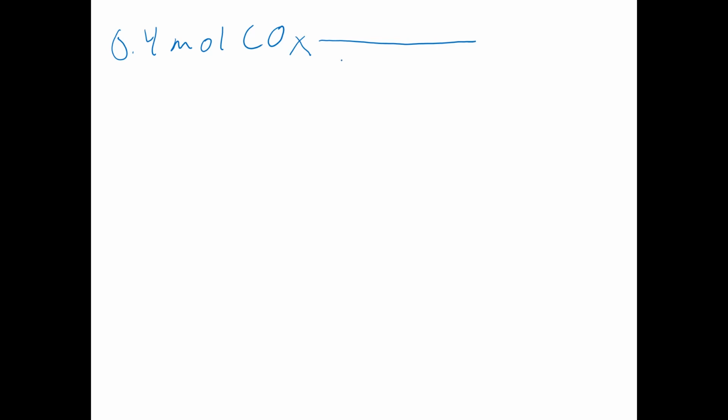So, since we have moles to start with, moles needs to go on the bottom of the next step. And we put the 28.01 grams on the top. Now, when you're doing these, don't just write moles or grams. Write the substance with moles or with grams. So this is moles of carbon monoxide and grams of carbon monoxide.